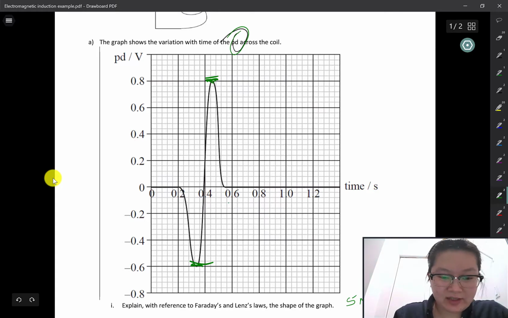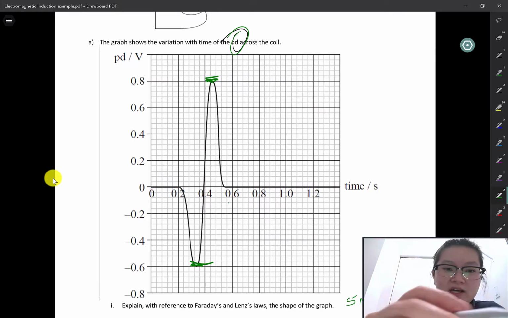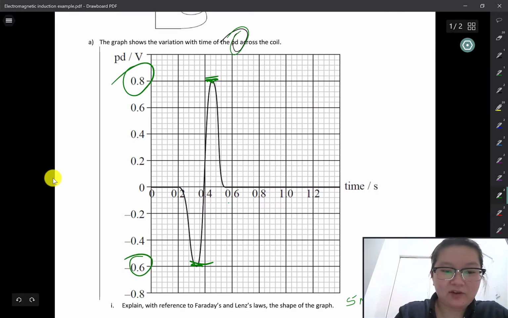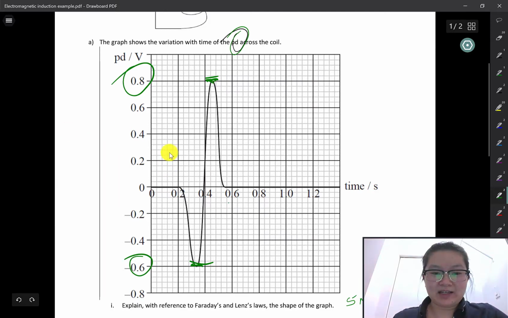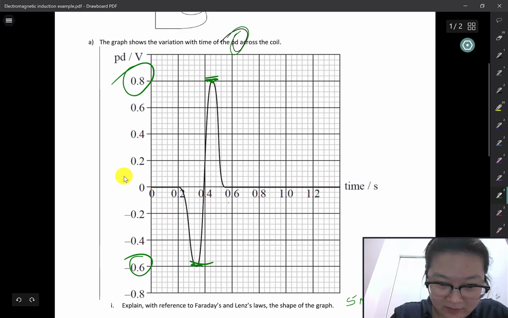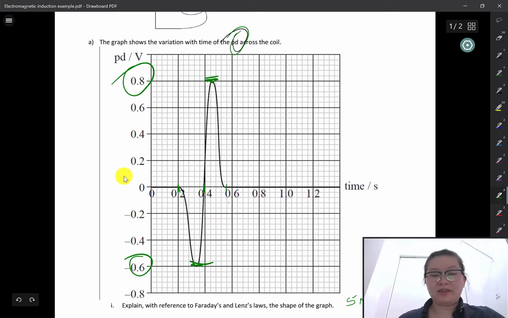The first peak hits 0.6 volts. The second peak hits 0.8 volts. So we have to explain that as well. There's also another interesting difference: if you take a look at the width of each peak, or the base of the peak, it's a little bit different as well. So we have to talk about that ultimately.